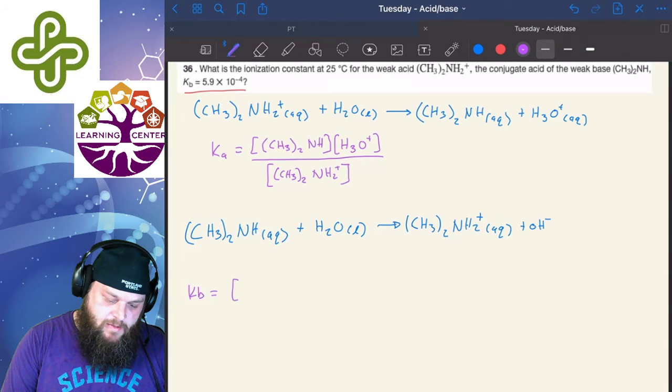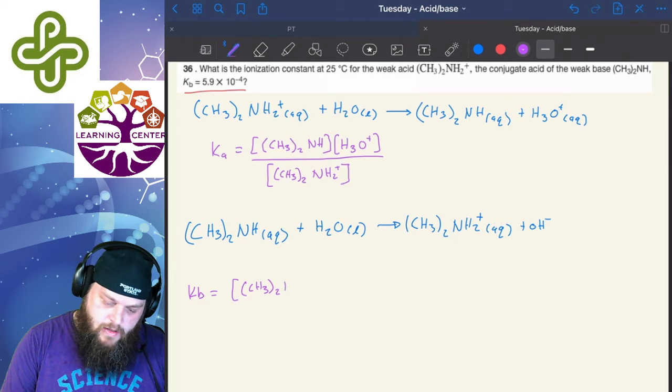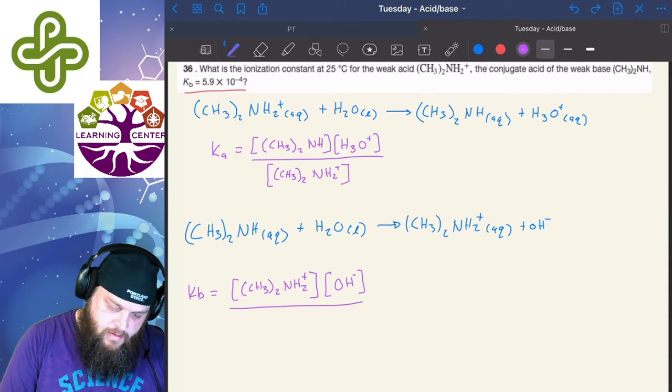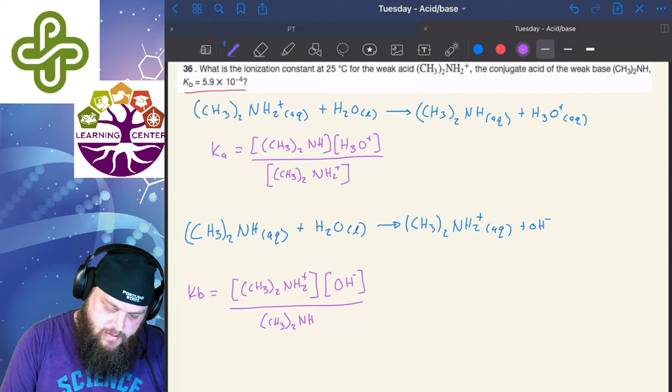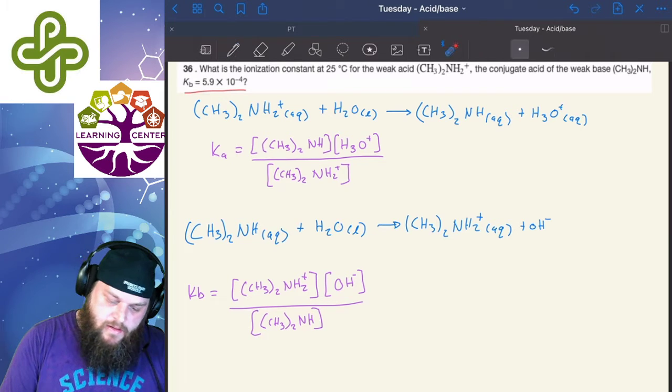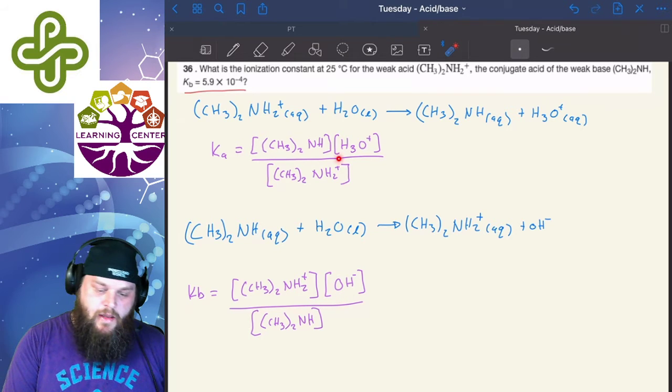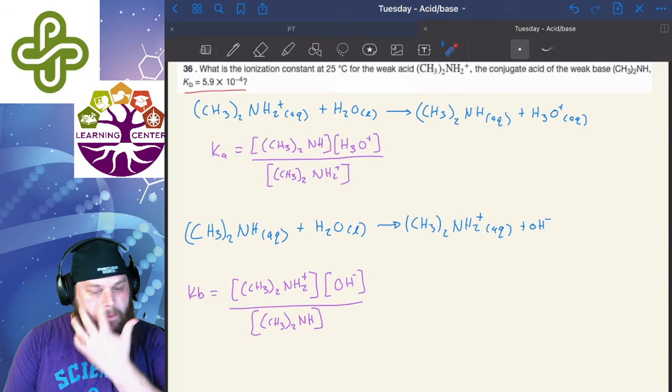So here we can write our Kb value, which is going to be equal to the concentration of (CH3)2NH2+ times the concentration of OH minus divided by the concentration of, I'm sorry, (CH3)2NH. And notice I have hydroxide on the top when I'm doing my Kb value, and I have hydronium on the top when I'm doing my Ka value.